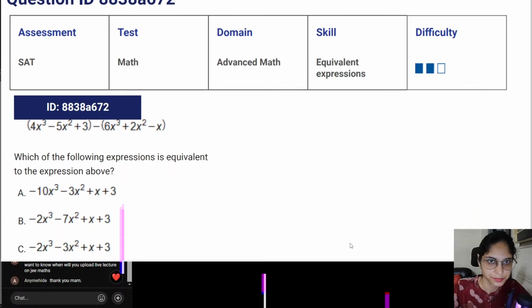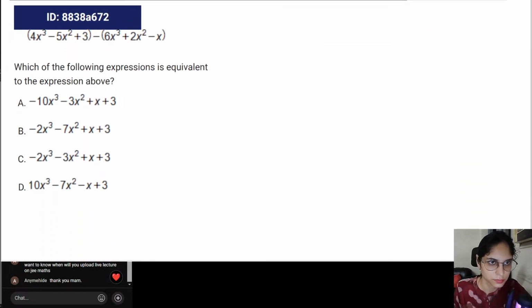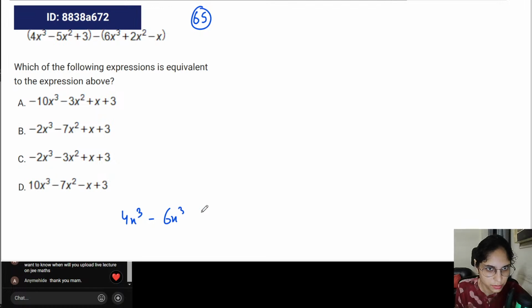65. Here also you are subtracting. Simply subtract 4x cube minus 6x cube.